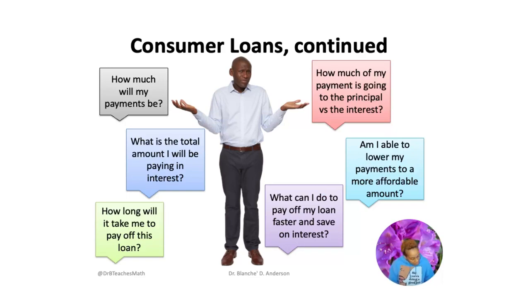And a lot of people get messed up, because I've heard of school loans and they're like, yeah, I'm making payments, but my payments aren't even enough to make a dent in the loan. Well, that's because they haven't calculated how much goes to the principal and how much goes to the interest. That is very important.